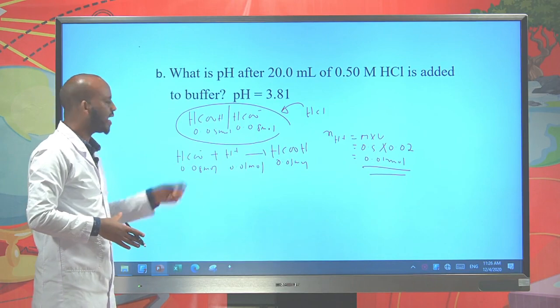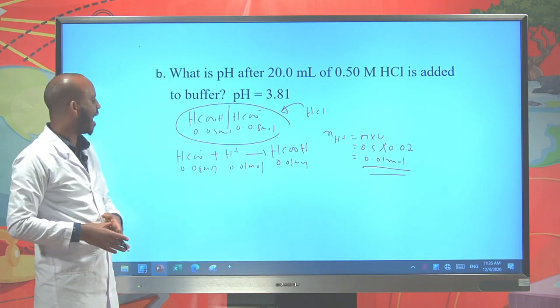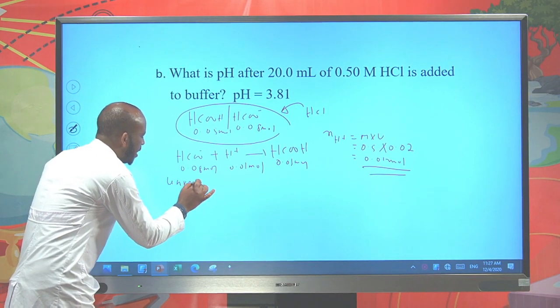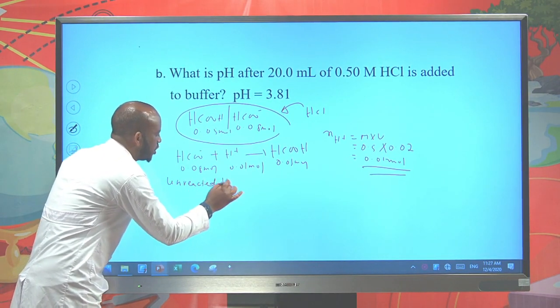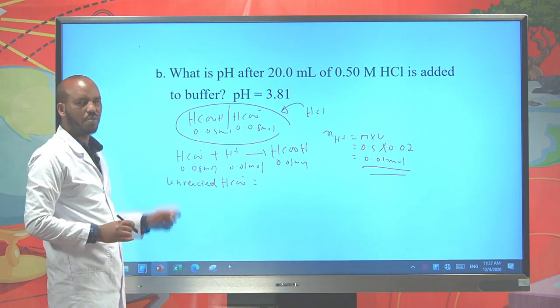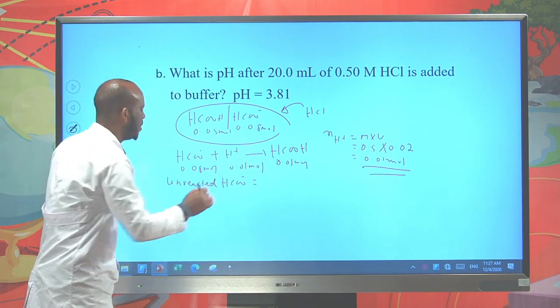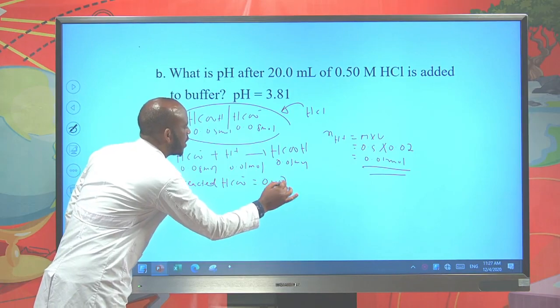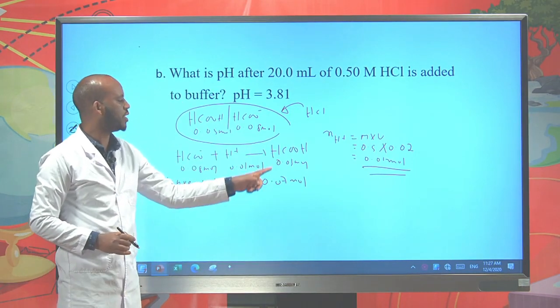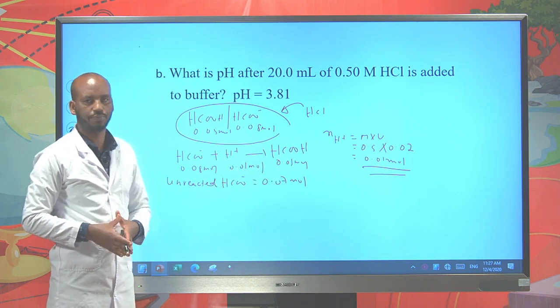Now this is in excess, unreacted formate, HCOO- equals 0.08 minus 0.01, which is 0.07 mole. Produced formic acid is 0.01 mole.